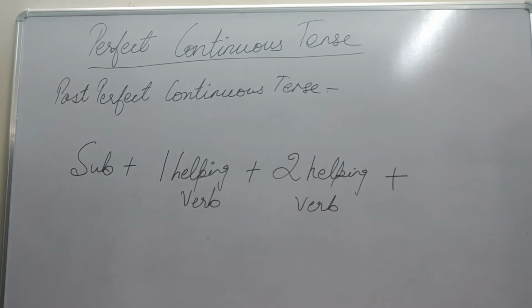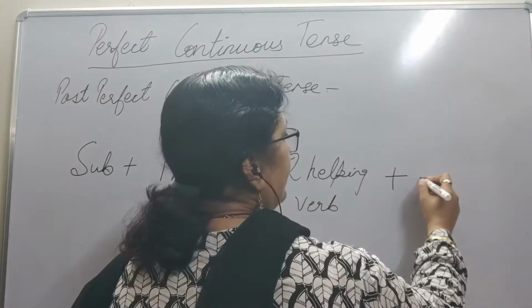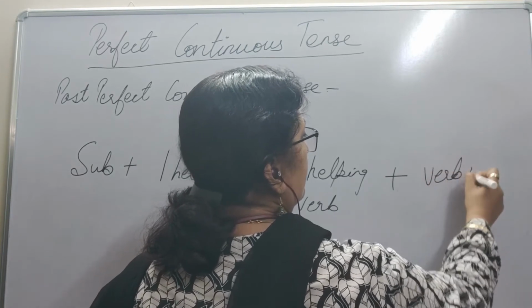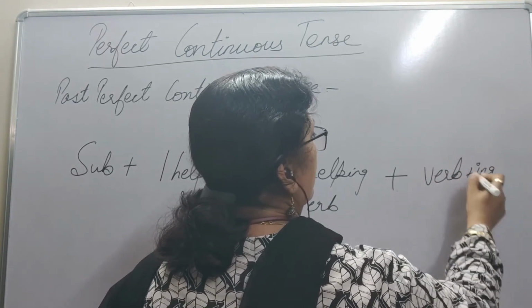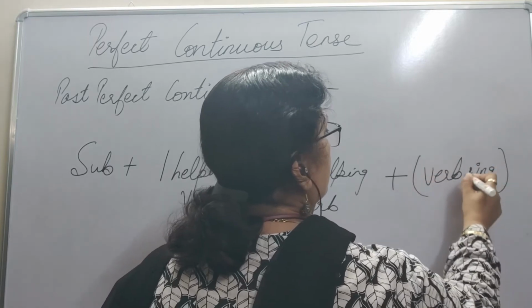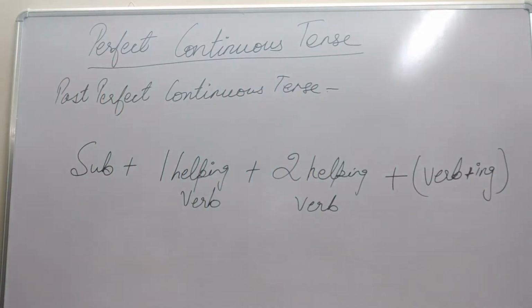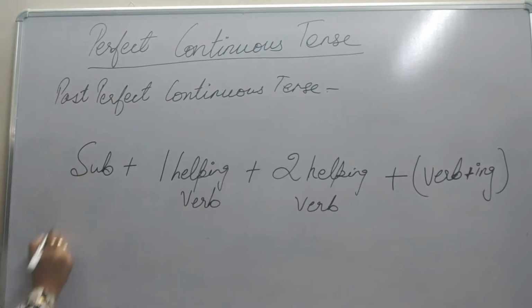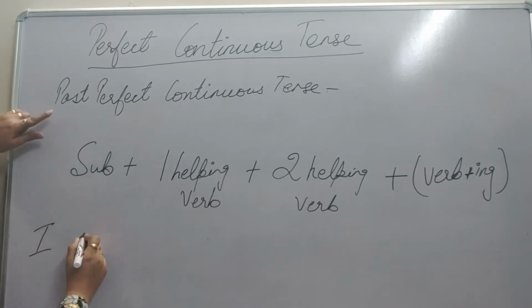Let me give you the first example. The verb will be in the ing form, the verb plus ing. Suppose I give you a sentence in the past perfect. Subject, let's say I, first helping verb: now we need the past helping verb.